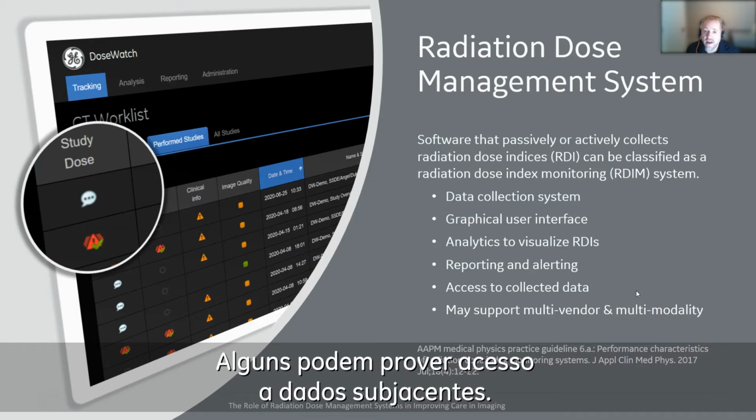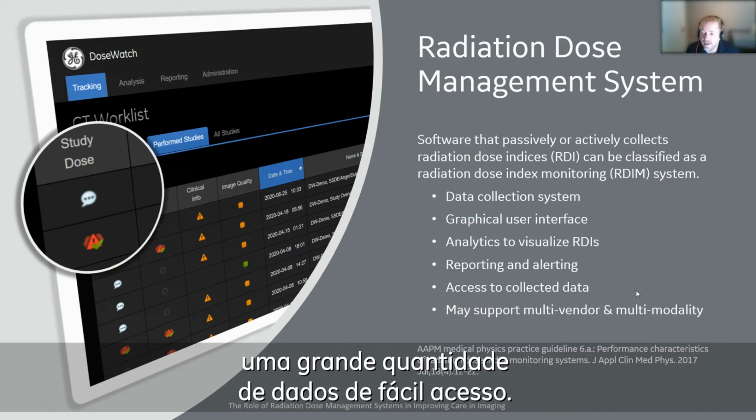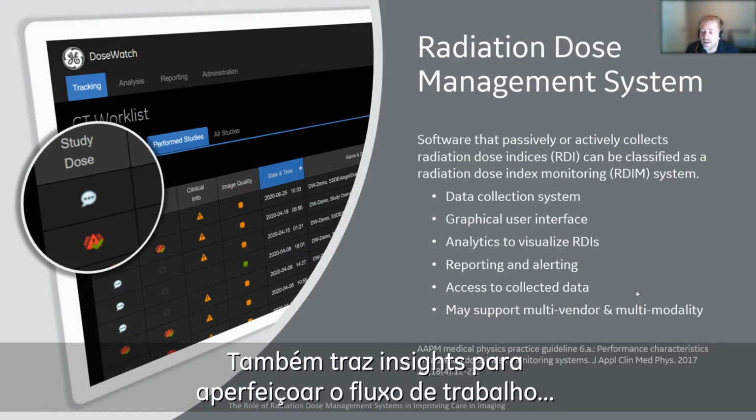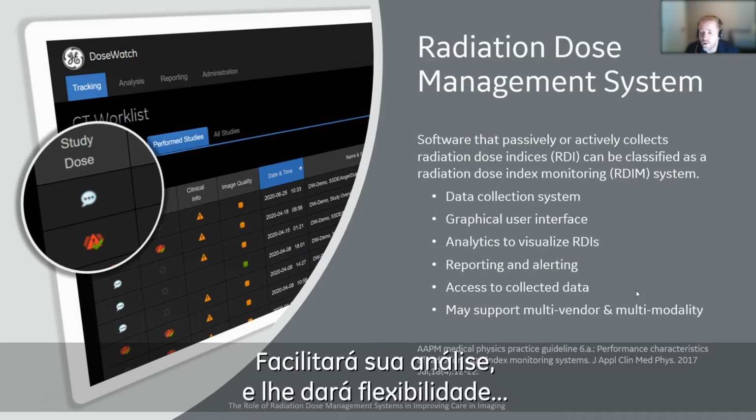Some have the ability to give you access to the underlying data. And that can be very interesting and enlightening. It's a lot of data at your fingertips, but it can give you insights into how workflow could be improved at your facility and what devices are particularly problematic. You can do your own analytics, your own analysis.